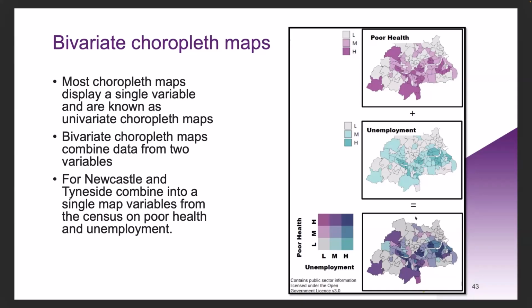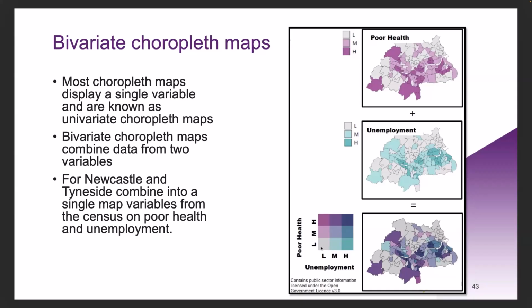Those are two individual maps, but if you combine them and create a third map, so this time a bivariate choropleth map, we're showing the two variables at the same time. And so what you end up with is something like this, where we get combinations of purple and cyan. Where both unemployment and poor health are high, you'll get a very dark shade of blue.